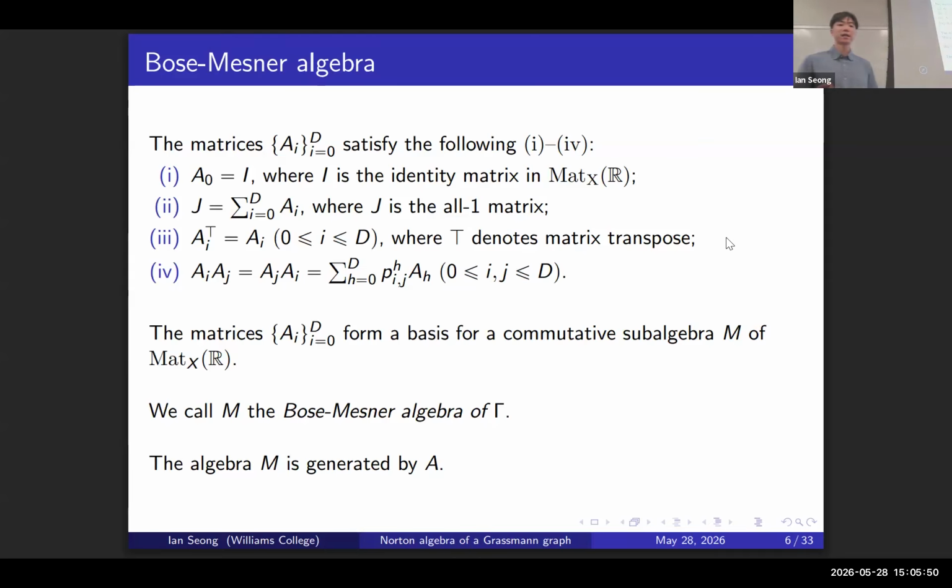Also A_i times A_j is going to equal A_j times A_i, and you can write that as a linear combination of the A_h, where h goes from 0 to d. From that we can get a hint that the matrices A_i form a basis for a commutative subalgebra of Mat_X(R), and we're going to call that the Bose-Mesner algebra of gamma. And the algebra M is actually generated by A. By generated, I mean it can be written as a polynomial of A.